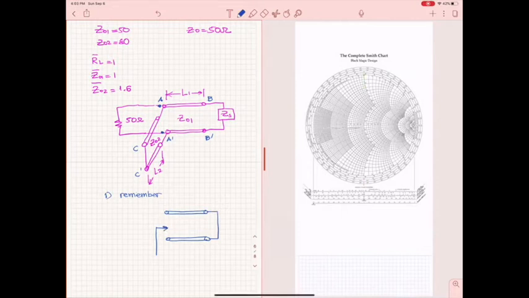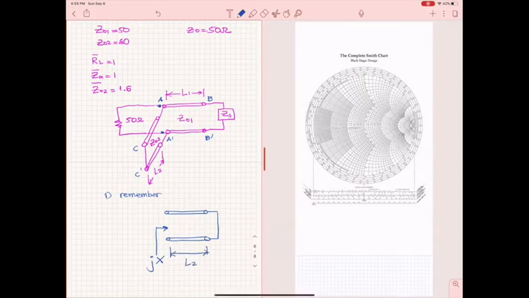Gives only a reactive part, okay? And of course, whether this is going to be positive, negative, or what it's going to be depends on this value. Do you agree with me?